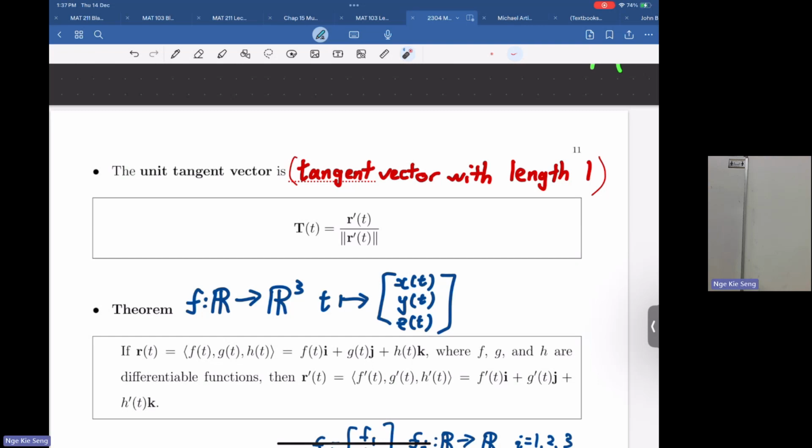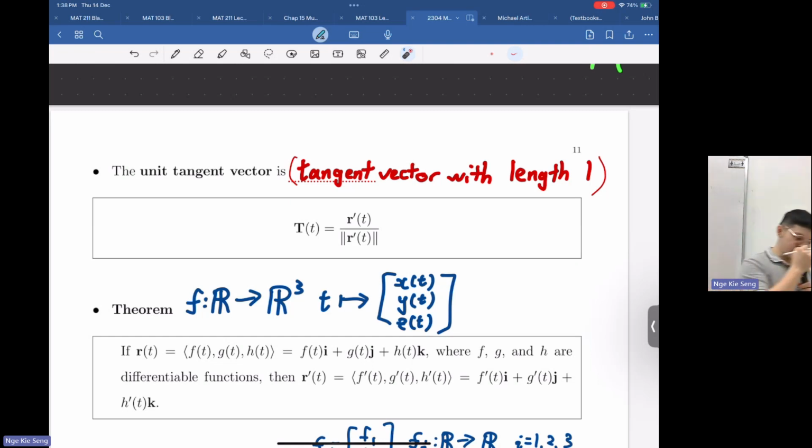It's like what we do in the directional derivative: we want a unit direction vector, because we don't want the direction vector to affect our gradient. Our gradient only depends on my function, not on my direction. So we will care a lot about the unit tangent vector later.